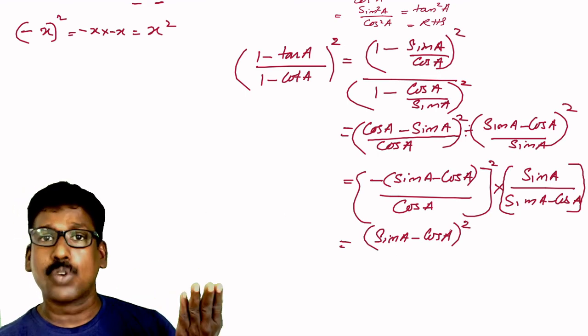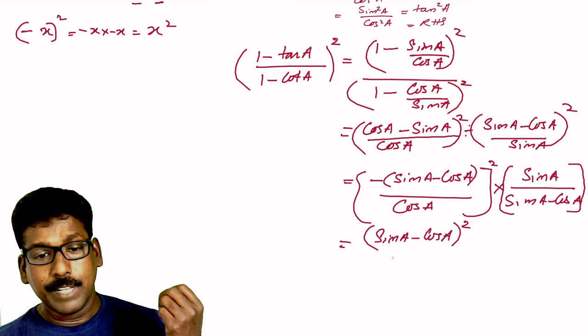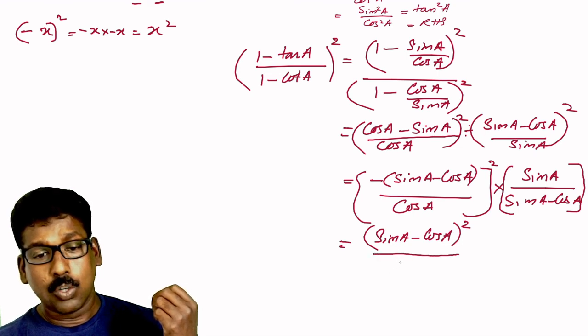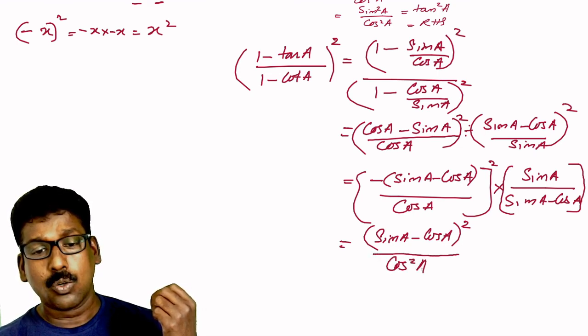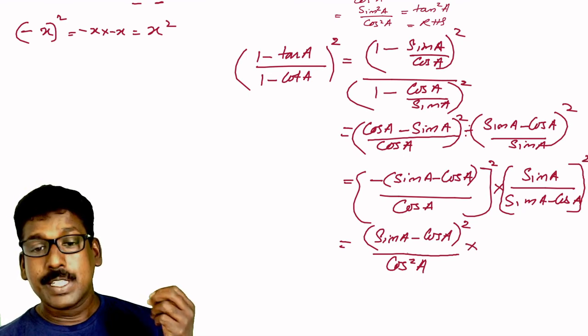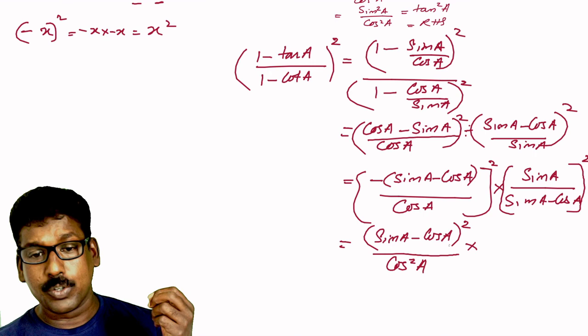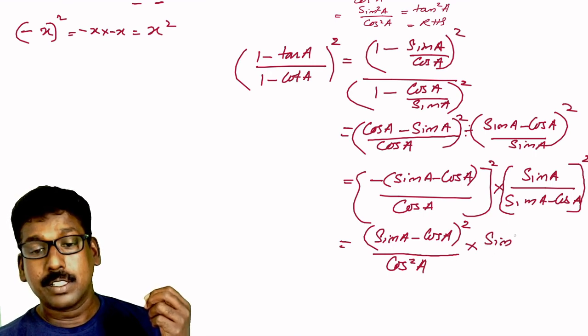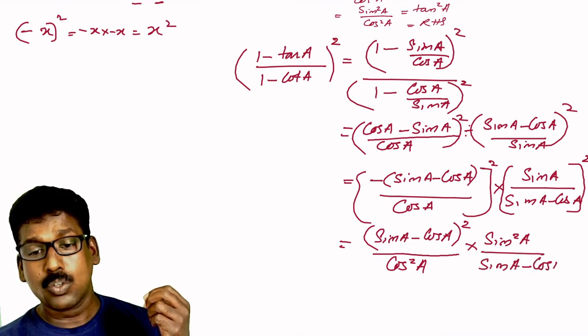Minus of square is positive, divided by cos A whole square, you can write as cos square A. Similarly here, sin A by sin A minus cos A the whole square. So this you can write as sin square A by sin A minus cos A the whole square.